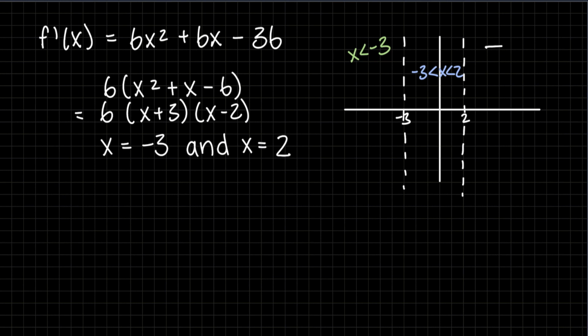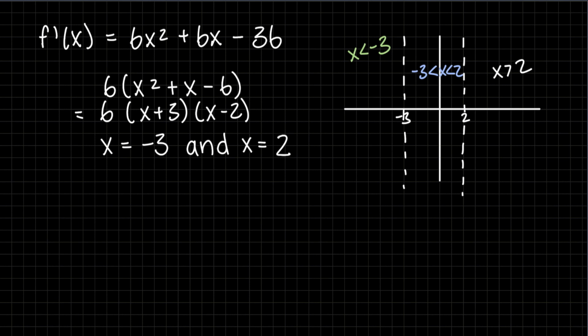And finally, in this region over here, this is when my x values are greater than 2. So I want to know what happens to my tangent line at each of these regions. That is, figure out if my tangent line is positive, so if my line looks like this, or if it's negative, meaning my line looks like this.